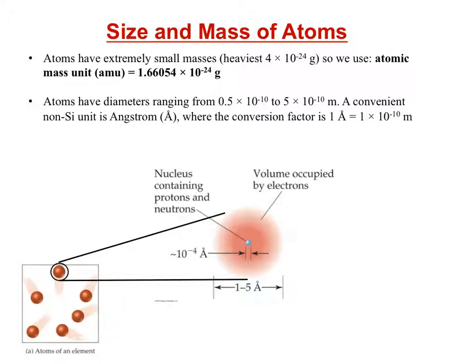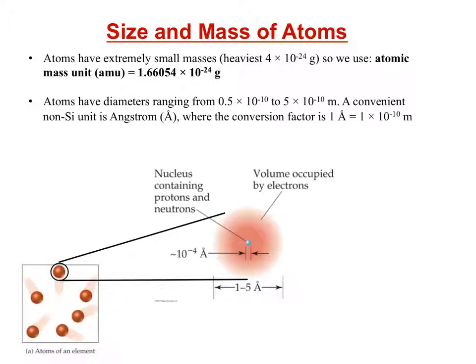So if we turn and think about the size and the mass of atoms, what we know about atoms is they have extremely small masses and extremely small diameters. They are, again, the smallest particle of an element. And so I always like to say chemists came up with a better way to calculate these numbers. And so we came up with conversion factors that got rid of these really, really small masses.